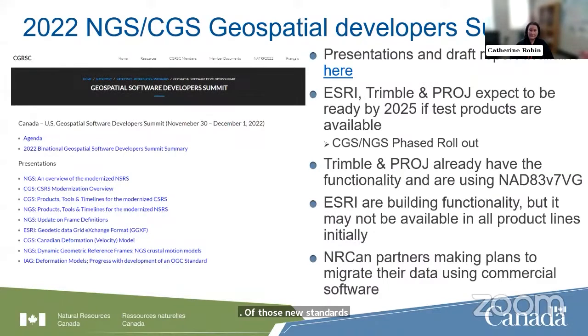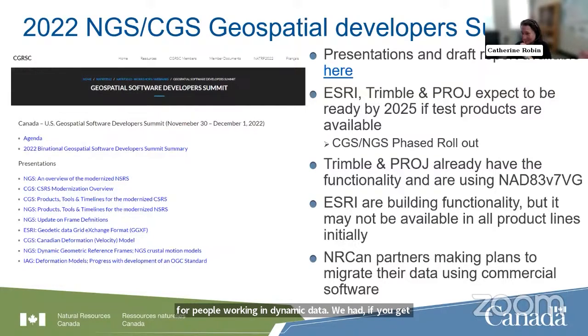We held a summit almost a year and a half ago now, to talk to the geospatial software developers about what's coming, what does it mean, what are these new standards, what tools are going to be needed, or what functionalities are likely to be needed by people working in dynamic datums. If you get this presentation, we have all the presentations linked here.